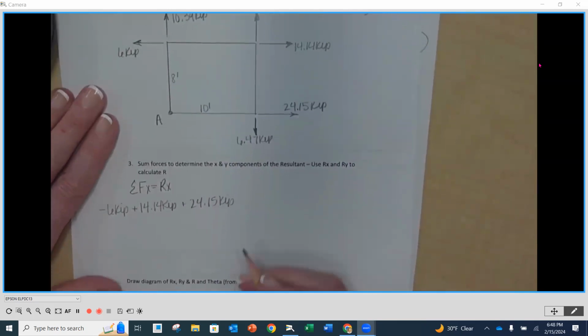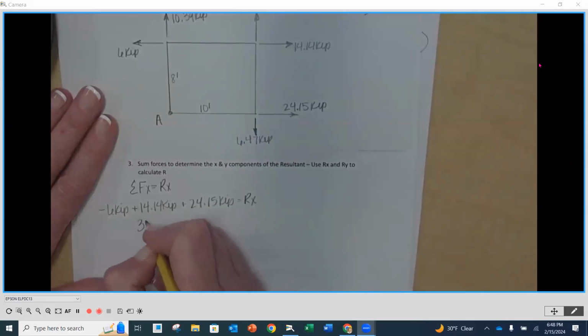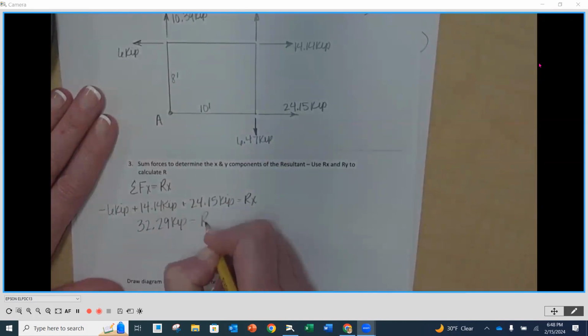It's going to be equal to our resultant X component. When we add and subtract these, what is our number? Is it positive 32.29 kips? That is equal to Rx.